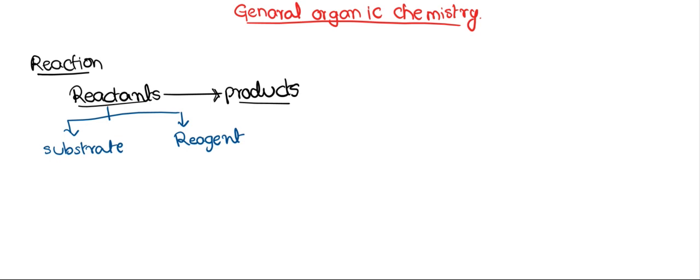A reagent is a species which will attack the substrate, the thing which is going to make the product. So the reagent can be defined as the attacking species.